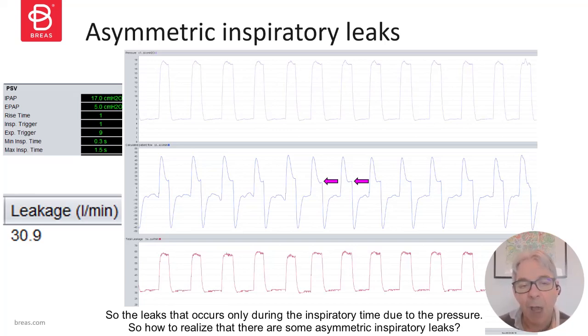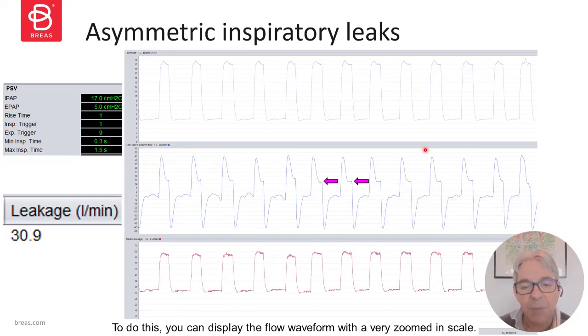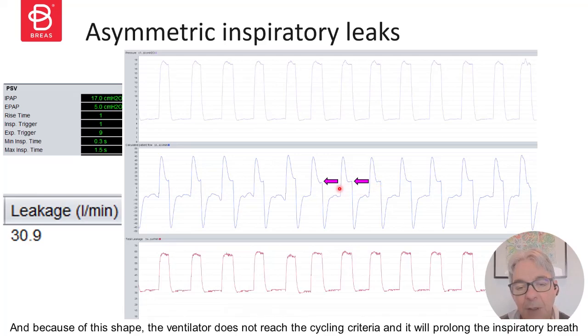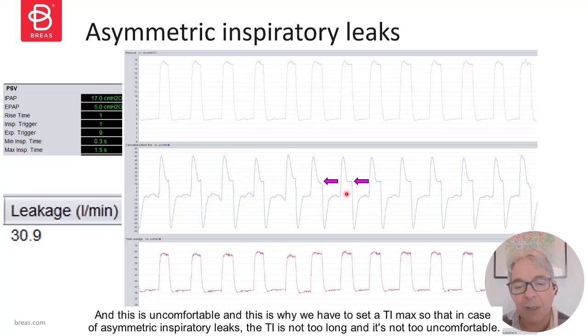So how to realize that there are some asymmetric inspiratory leaks? To do this, you can display the flow waveform with a very zoomed scale. So for example, 1 minute. And here you will see that there is a small plateau at the end of inspiration, which means that the air goes to the leak. And because of this shape, the ventilator does not reach the cycling criteria, and it will prolong the inspiratory breath, and this is uncomfortable.